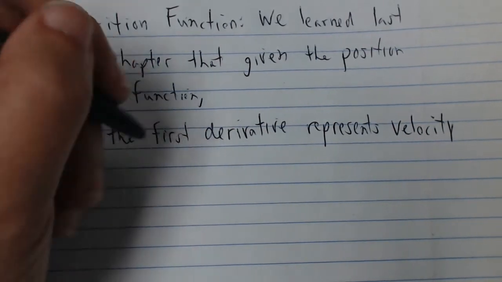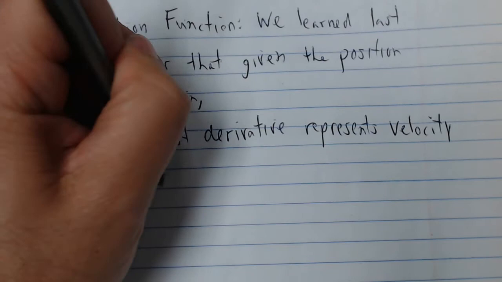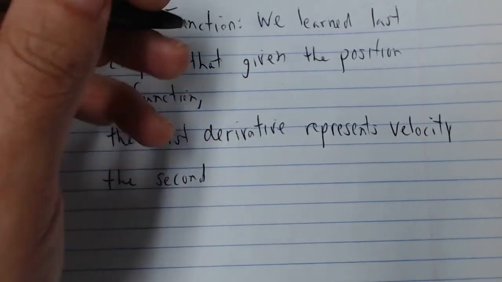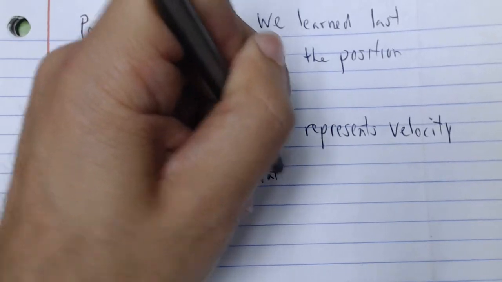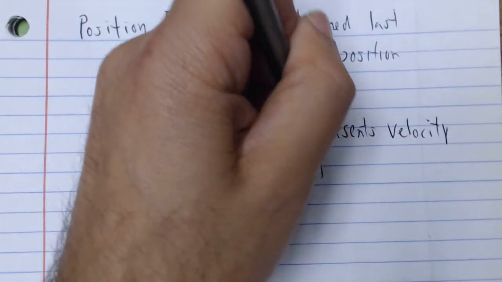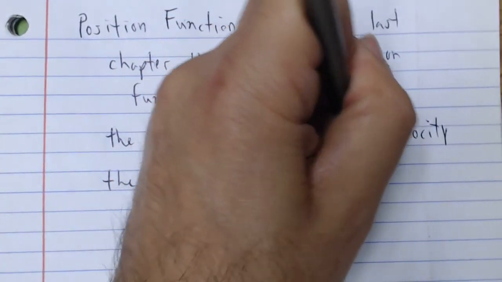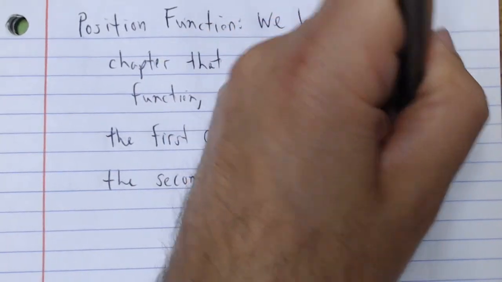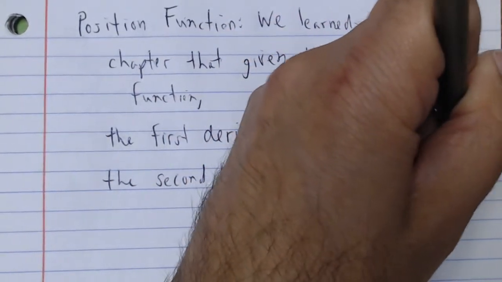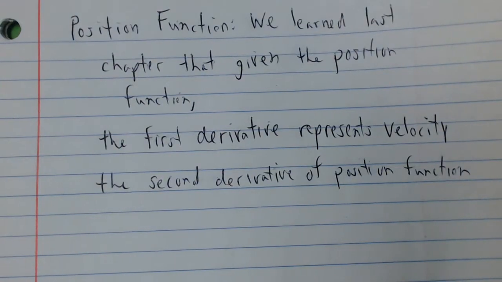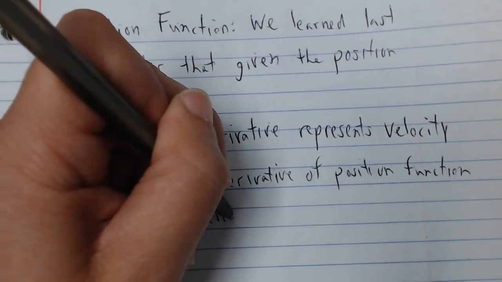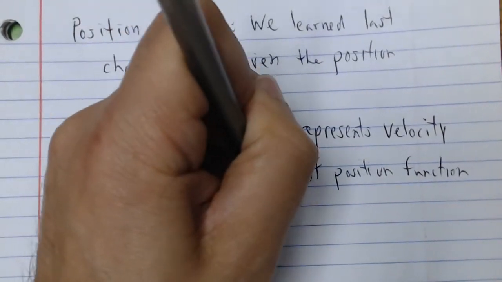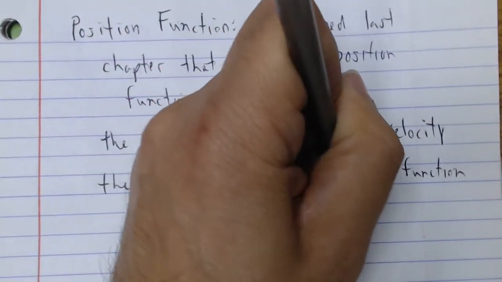So the second derivative of the position function represents the acceleration.